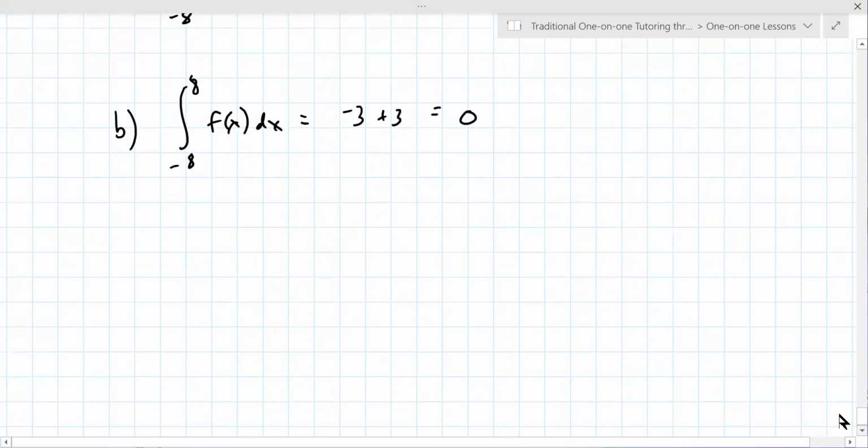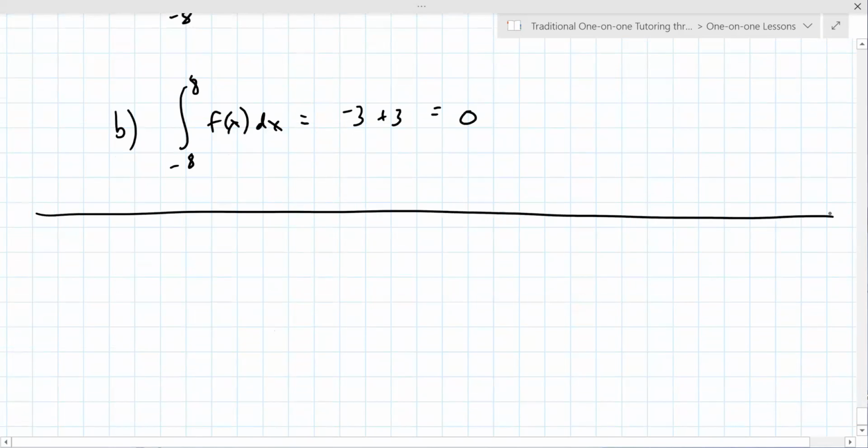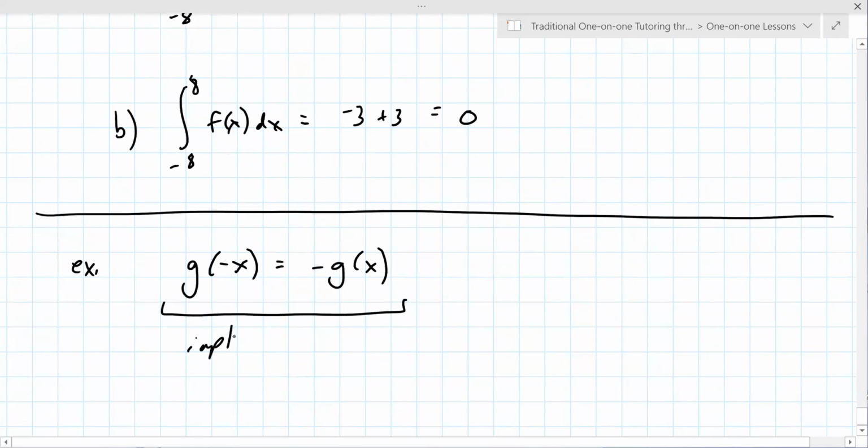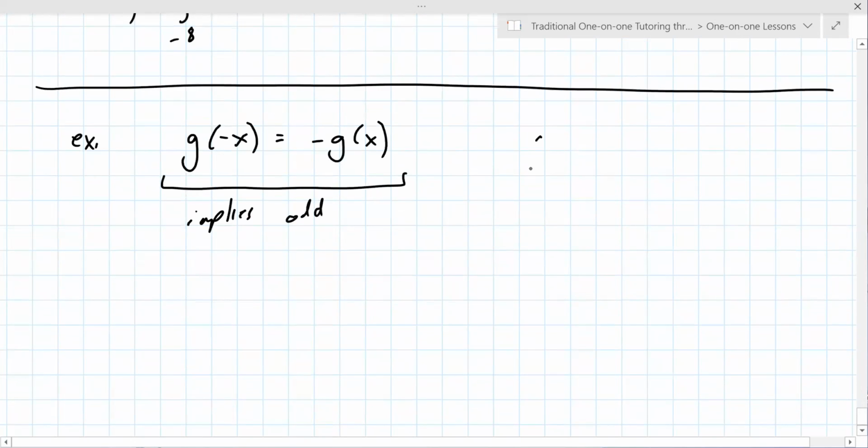Now it could also be written this way. g of -x equals -g of x, and this implies odd. The instructor could say the integral from 0 to 4 of g of x dx equals -2.